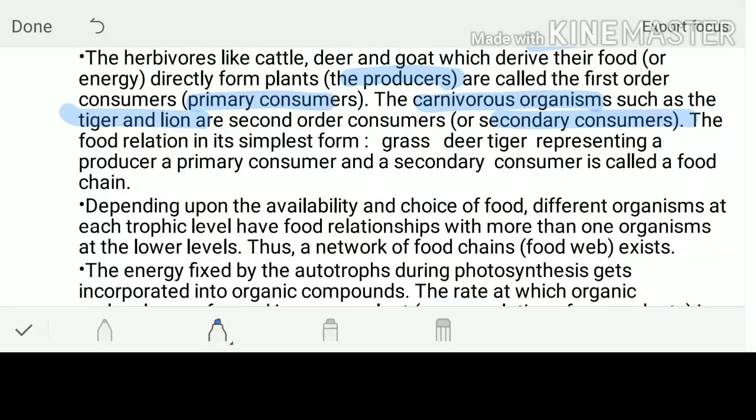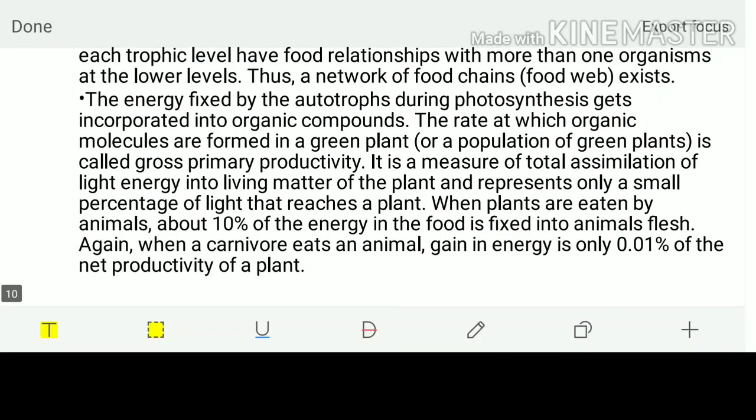So deal with these things as well. Okay, the relation in a single line: grass is the producer, then deer is the primary consumer, then tiger is the secondary consumer.